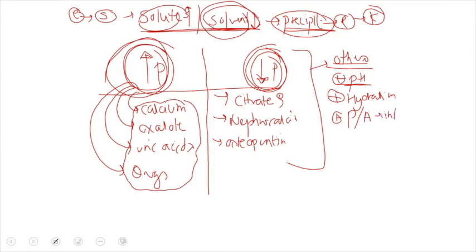Infection will also have a major role in the formation of a renal stone, which we will be discussing subsequently. There can be any sort of infection. Whenever we talk about infection, we will be discussing infection produced by urease-producing organisms, which manifests as struvite stone or triple phosphate stone. This infection is mostly in the urinary tract, also known as upper urinary tract infection or acute urinary tract infection.